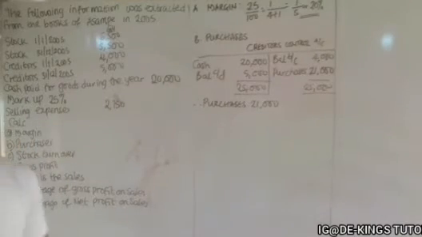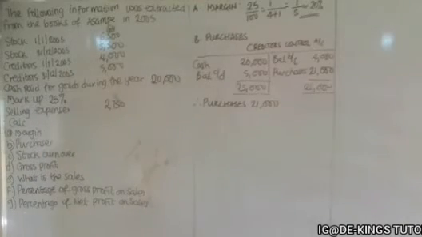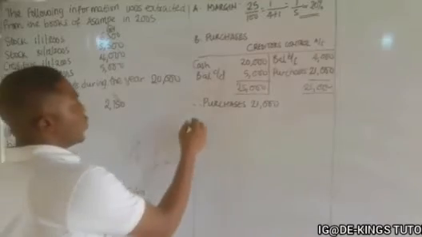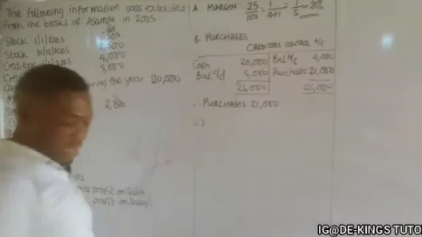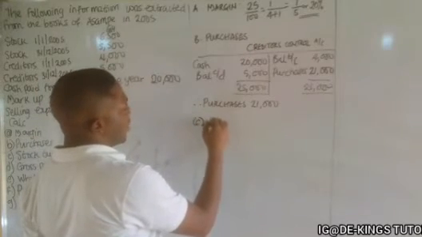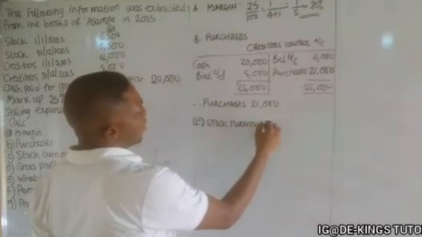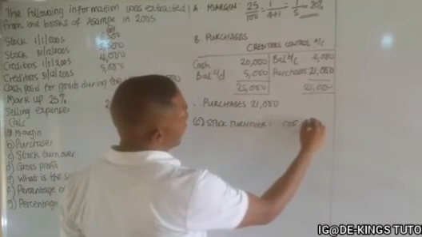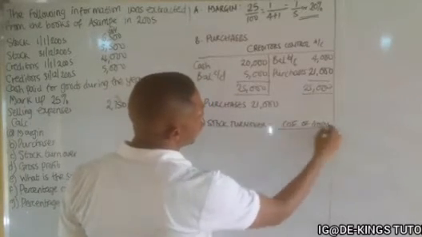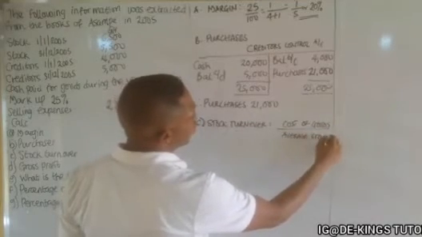So the next one is stock turnover. What is C? Now the stock turnover formula is cost of goods sold over average stock.